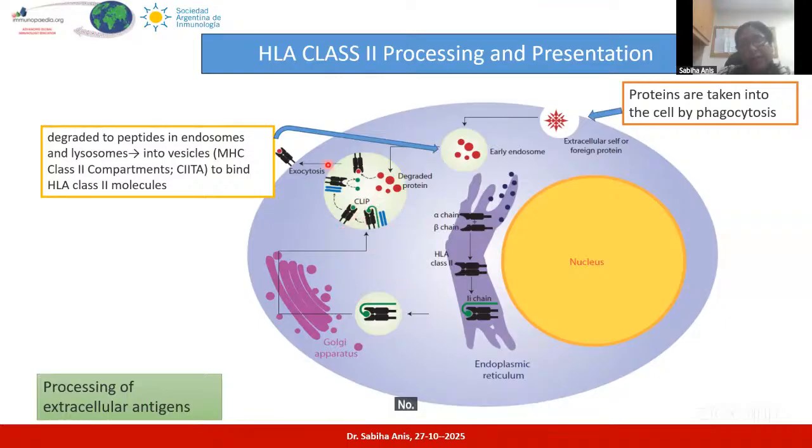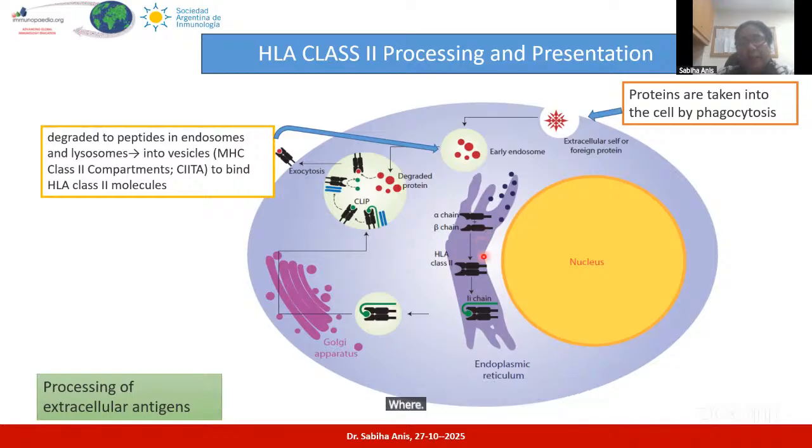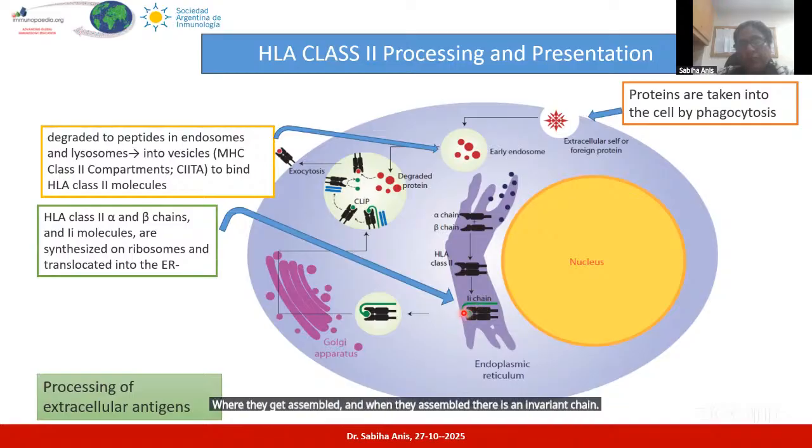Now, where do these HLA class 2 molecules come from? They are first synthesized in the ribosomes, and from there they are translocated into the endoplasmic reticulum lumen, where they get assembled. When they are assembled, an invariant chain gets fitted into the peptide binding groove.